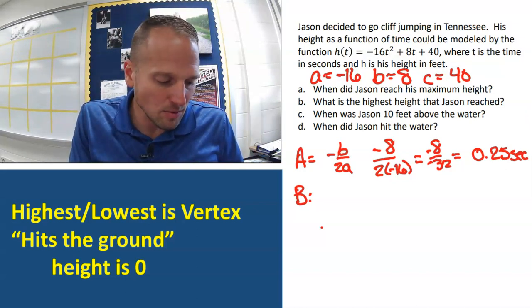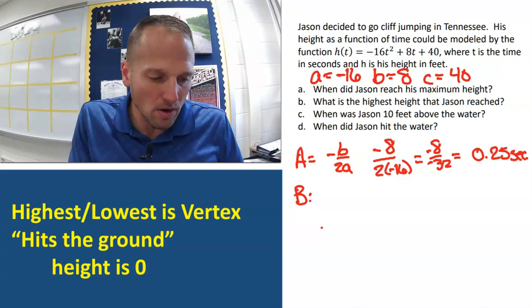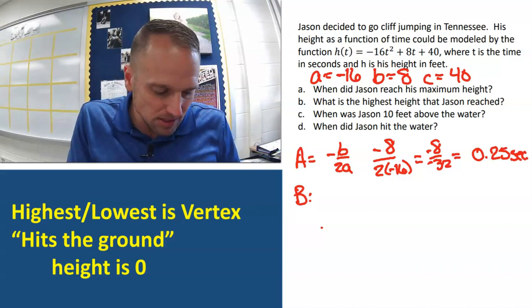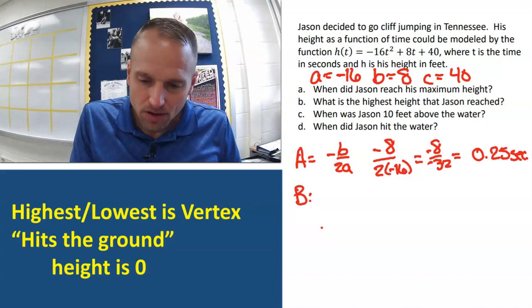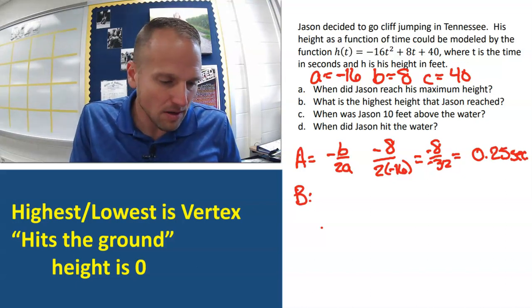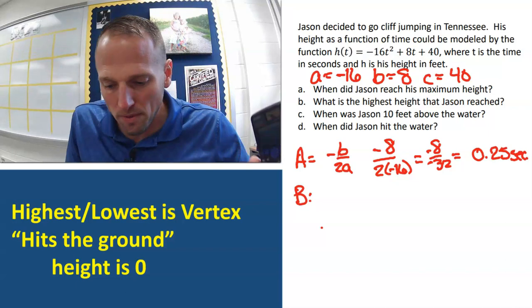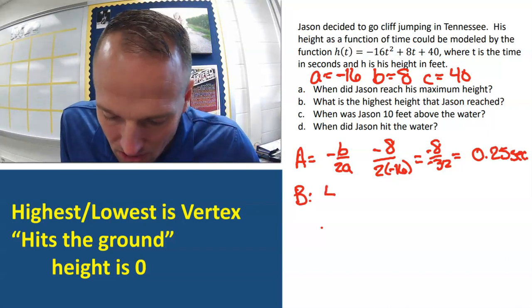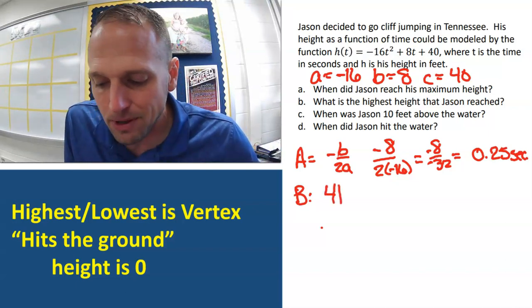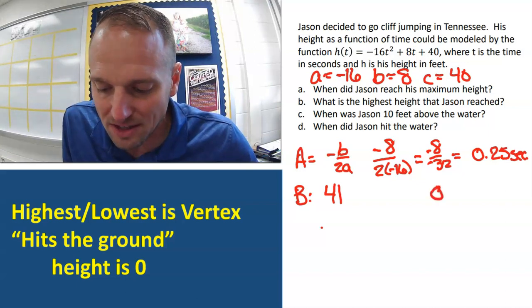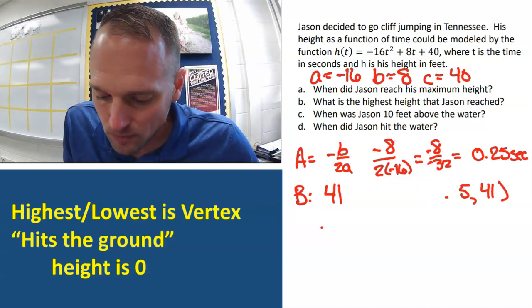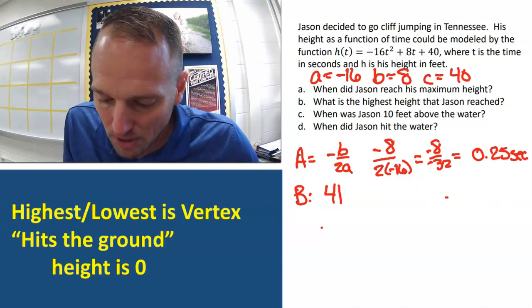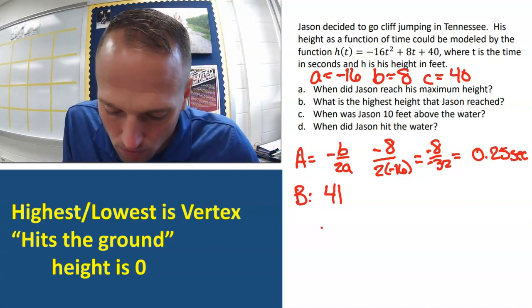Negative 16 times 0.25 squared plus 8 times 0.25 plus 40, what's that going to be? 41. So the highest he's ever going to get is 41 feet, and that happens at 0.25 seconds. That's our vertex. 0.25 seconds, 41 feet. So the answer for letter B, how high does he get, is 41 feet.